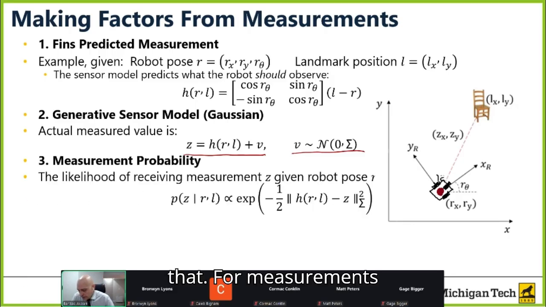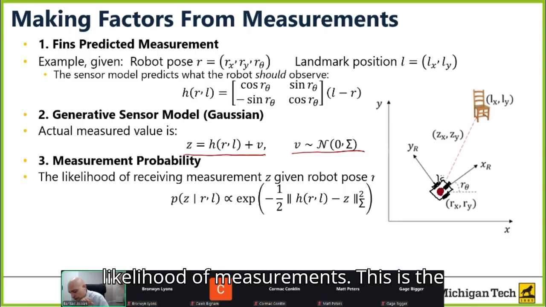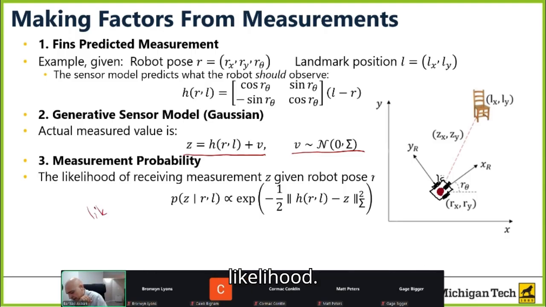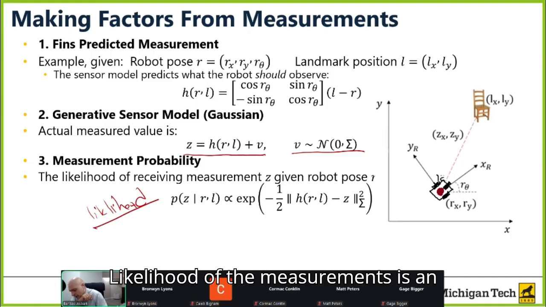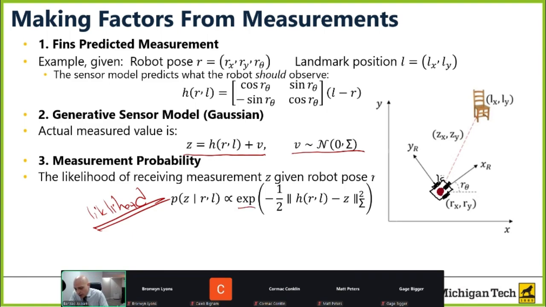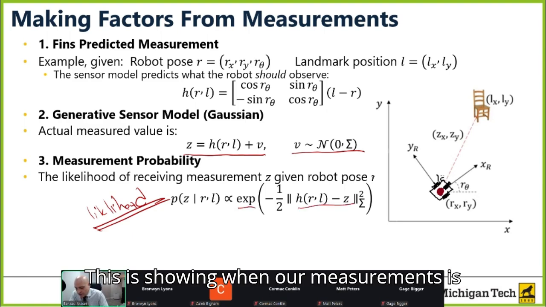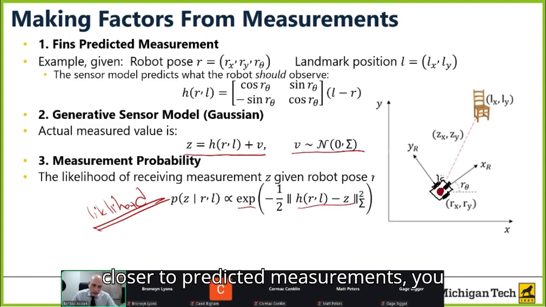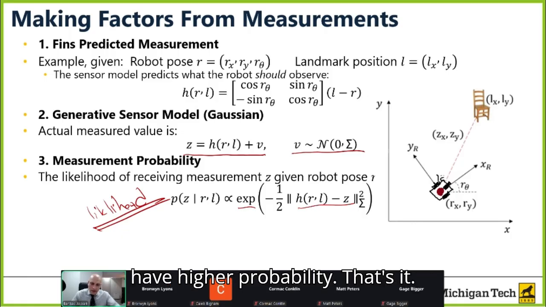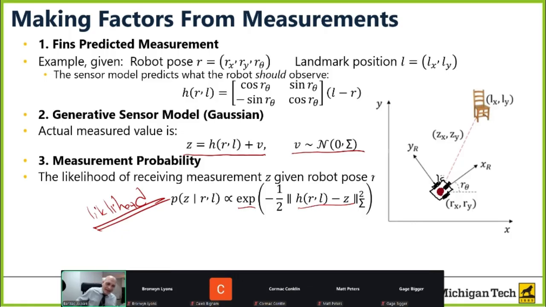For measurement probability, we can find the likelihood of measurements. This is the likelihood. The likelihood of the measurements is an exponential family, and this shows that when our measurement is closer to the predicted measurement, you have higher probability. That's it.